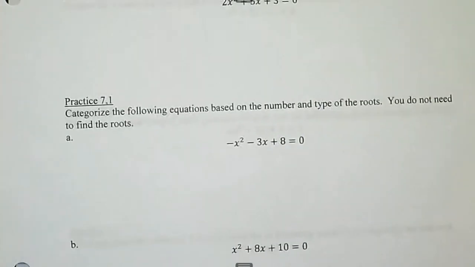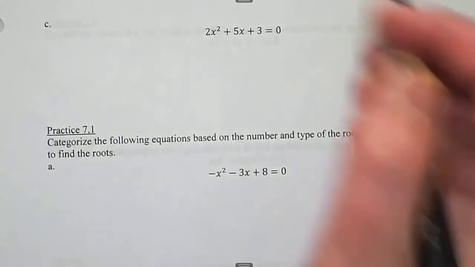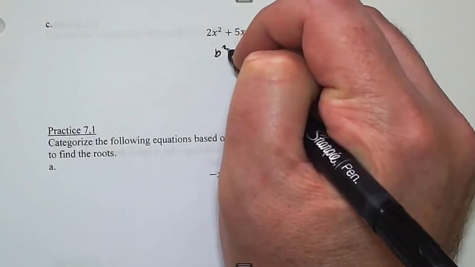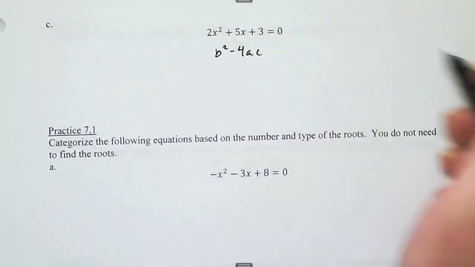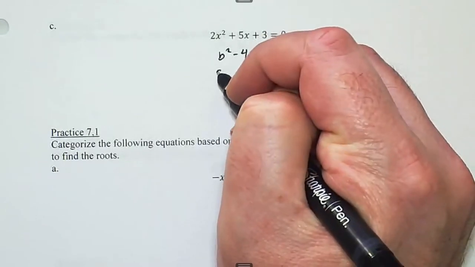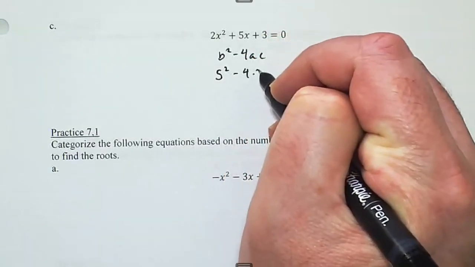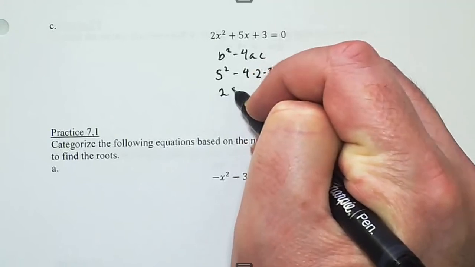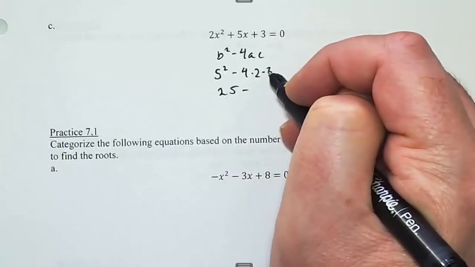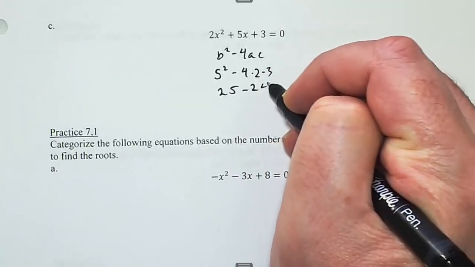Let's take a look at C. B squared minus 4ac. So that's 5 squared minus 4 times 2 times 3. So 25 minus 24.